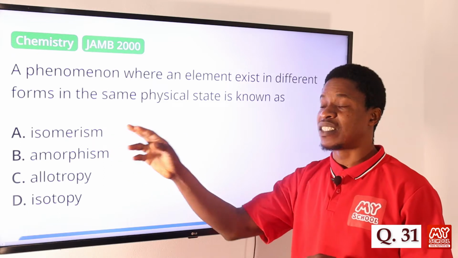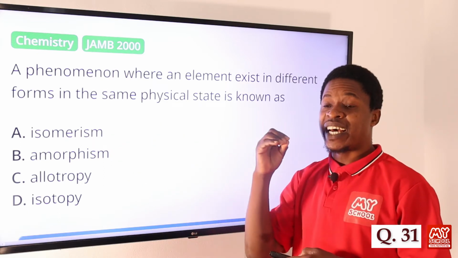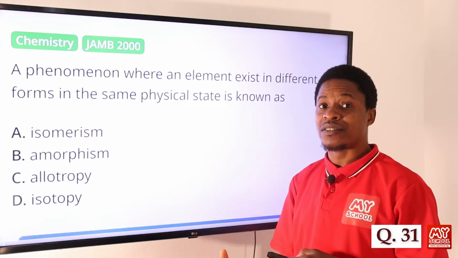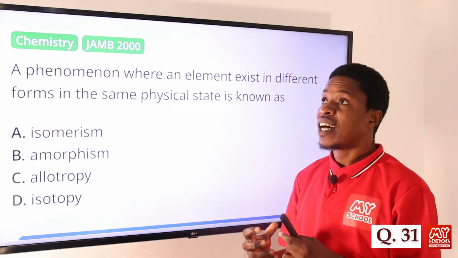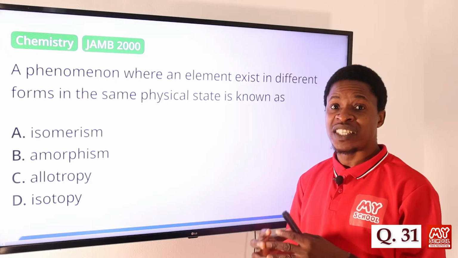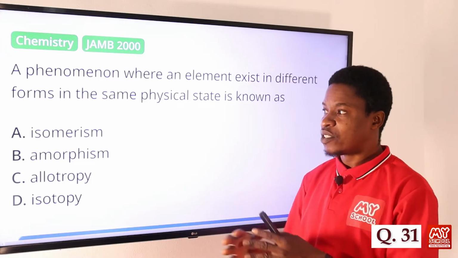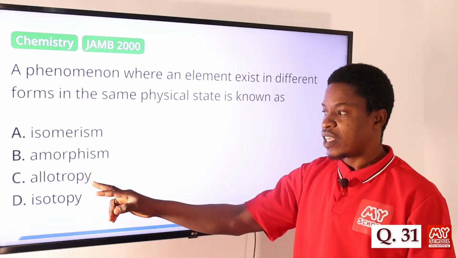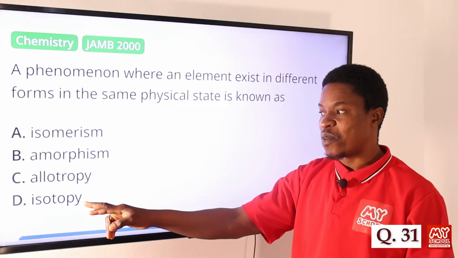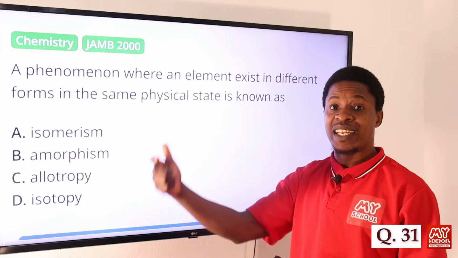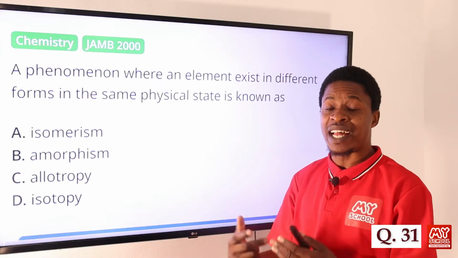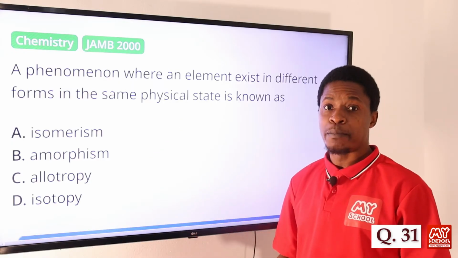Isomerism is a situation where a compound has the same molecular formula but different structural formula, so that is not it. Isotopy is a situation where two or more atoms of an element have the same atomic number but different mass number.